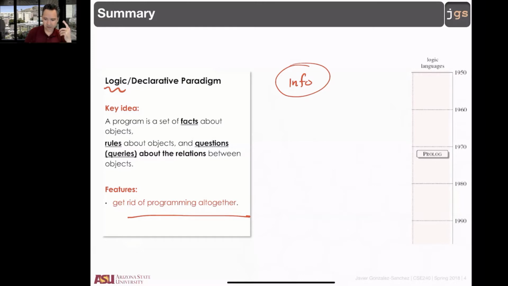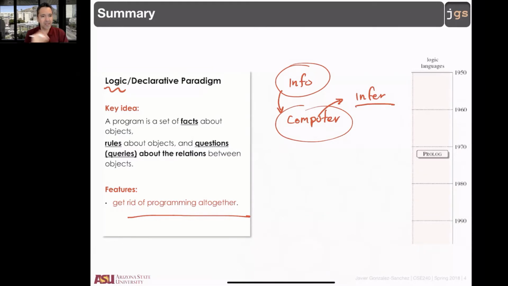And I want the computer to help me to work with this information and to infer new information, to get data from the data. The computer processes the data, the computer gives you data from the data.